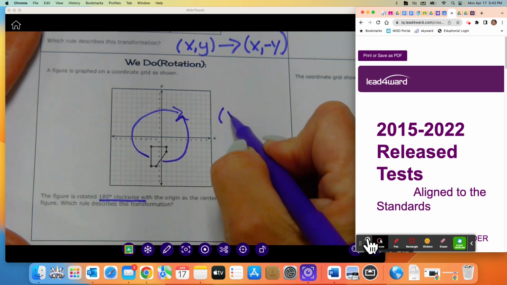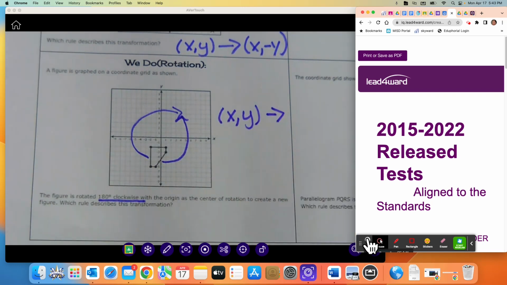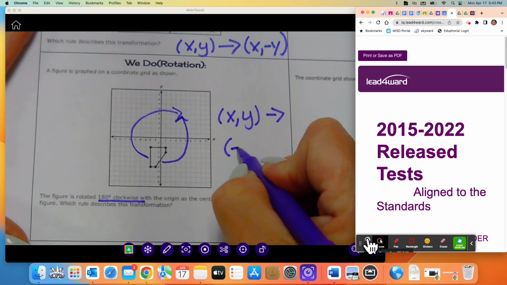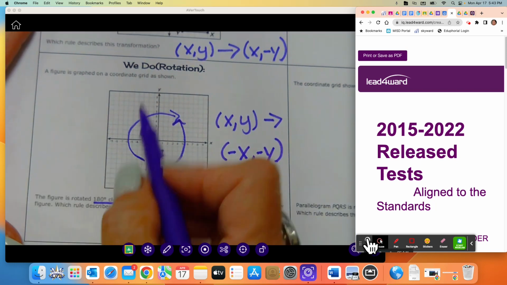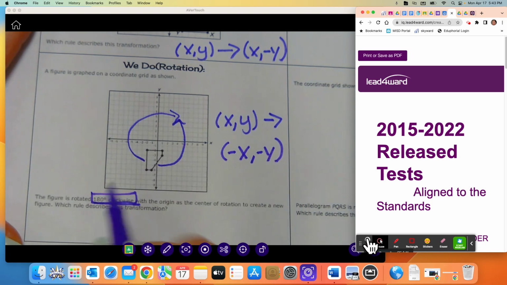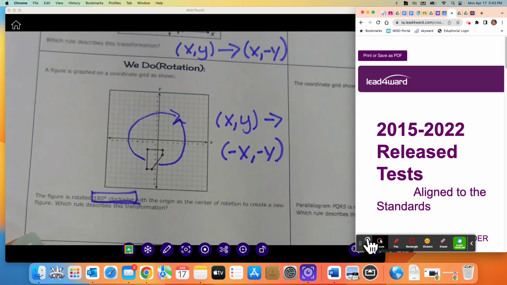Okay, so with 180 degrees, what that means is they don't switch positions, they both become its opposite. Okay, so for 180 degrees, doesn't matter, clockwise or counterclockwise, they both become its opposite.